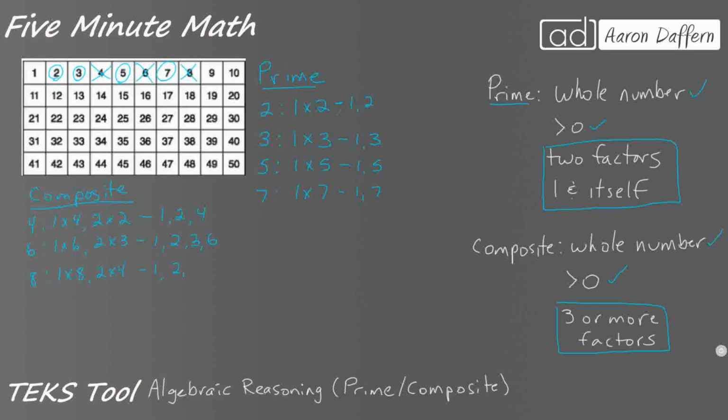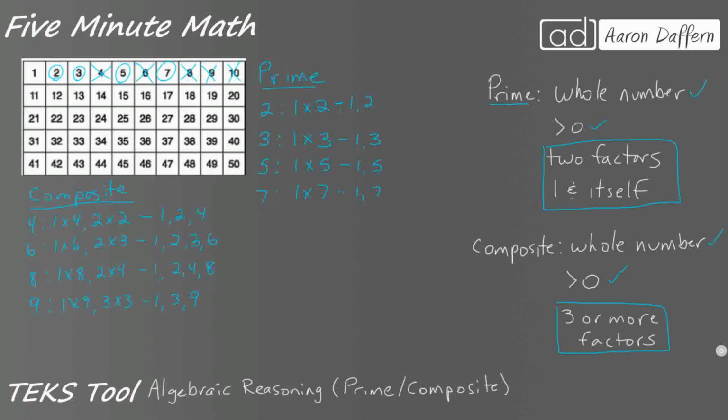So the factors of 8 are 1, 2, 4, and 8. 9, you would think might be prime, but we need to know our facts. It's actually composite because I can multiply 1 times 9 and also 3 times 3. So it only has three factors. You don't repeat the 3, just like with 4 you don't repeat the 2 for 2 times 2. So you just list each factor one time.